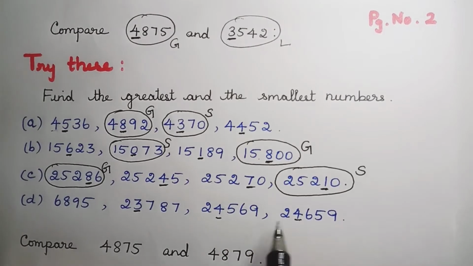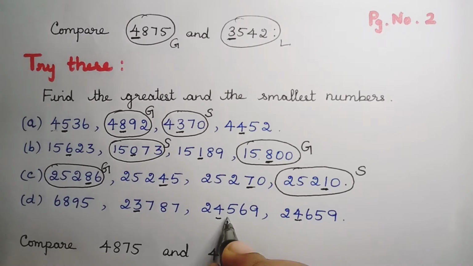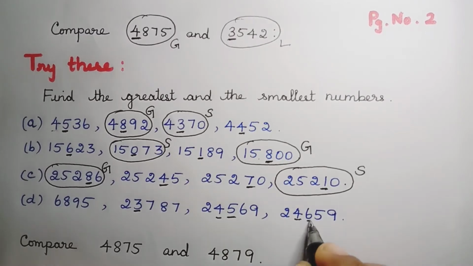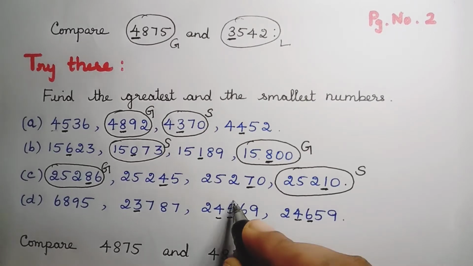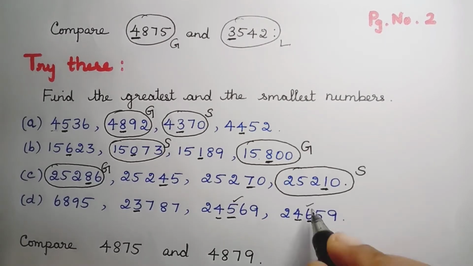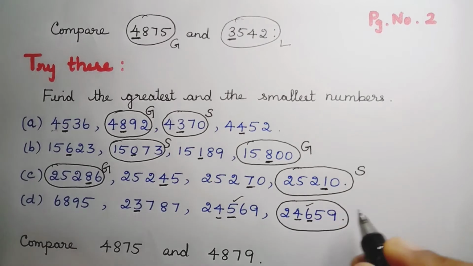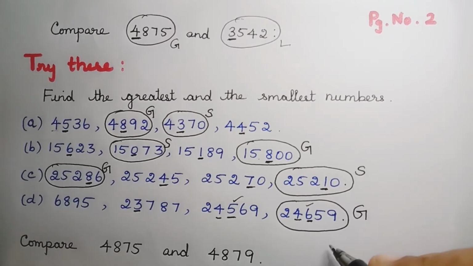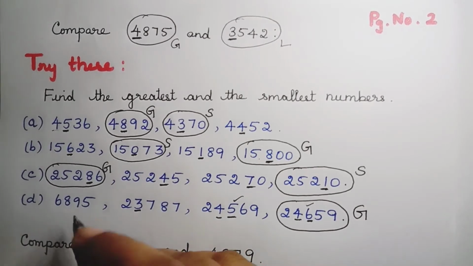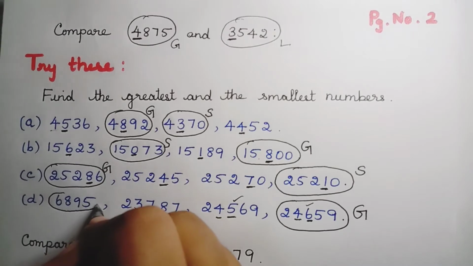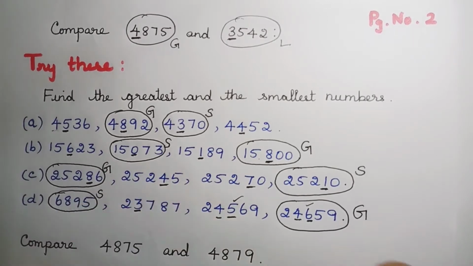So go for the next digit, 5 and 6. Comparing this 5 and 6, which one is the biggest? So this is your biggest number. Okay. So which is the smallest one? So obviously you know one number is there with 4 digits. So this will be your smallest number.